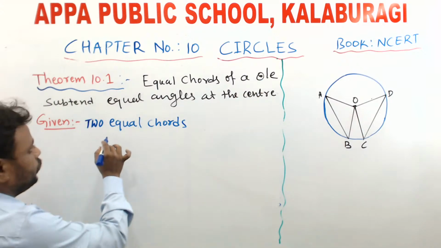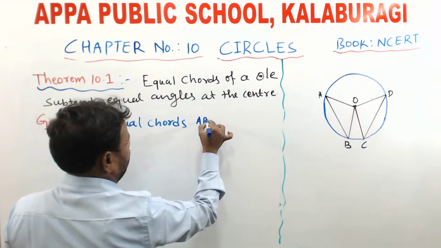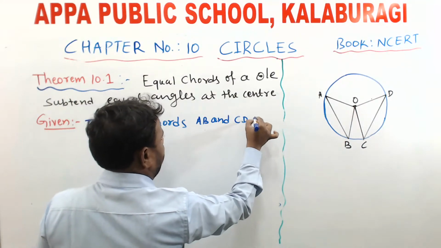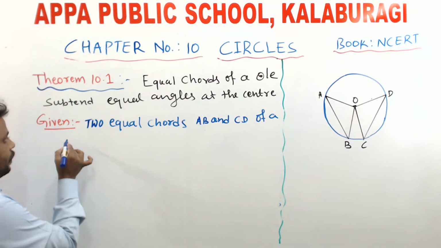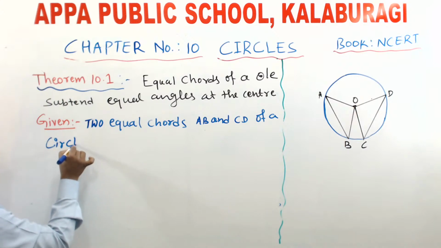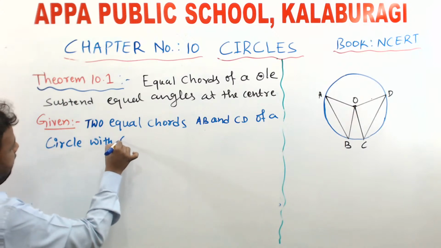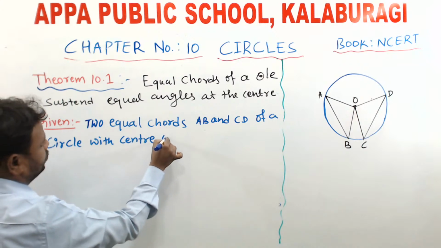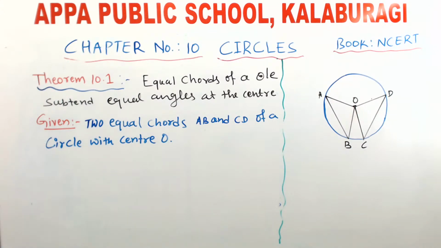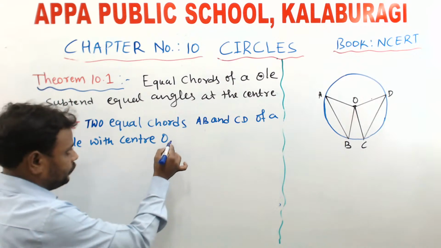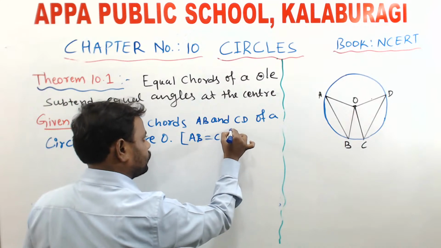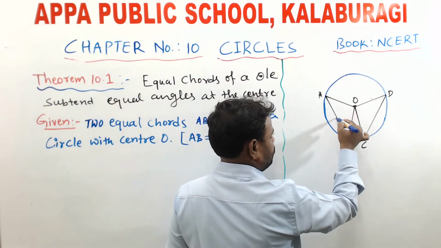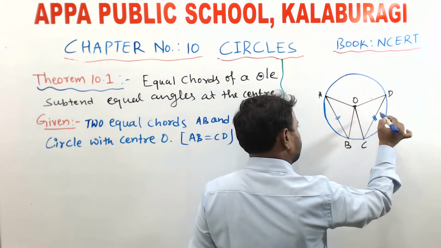That's why I'm writing two equal chords AB and CD of a circle with center O. Yes. So in the bracket you can write that is AB is equal to CD. They have given this. This AB is equal to this CD is given.